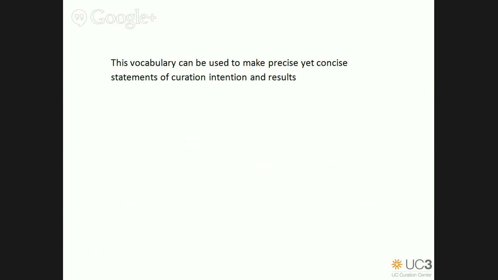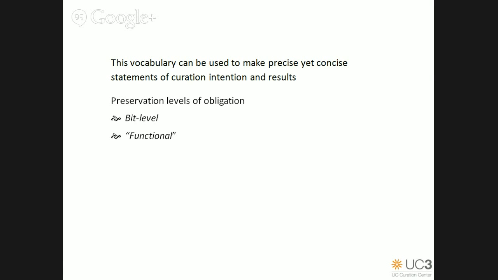So where does this all get us? Well, I think if nothing else, this type of very granular, and hopefully unambiguous, vocabulary can be used to make precise yet concise statements about curation intention and results. For example, if you go around and look at various preservation programs, statements of their service level agreements and so forth, there's this notion of preservation levels of obligation.